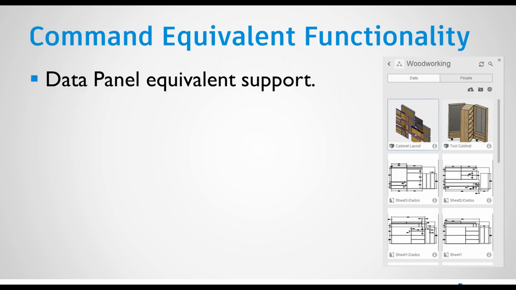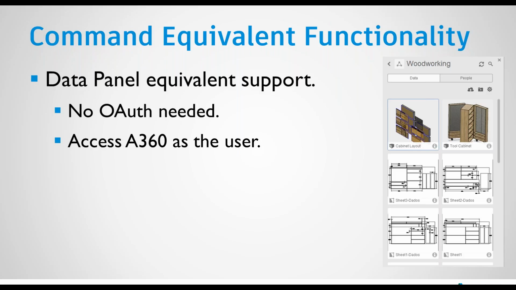The API provides equivalent functionality, so it's really similar to the data management part of Forge. But I don't need to mess around with OAuth, because when I'm using the API, I'm basically that user that's logged into Fusion. I'm acting as them, so I can just use the API to interrogate, and there's no authorization needed. I'm already that user.